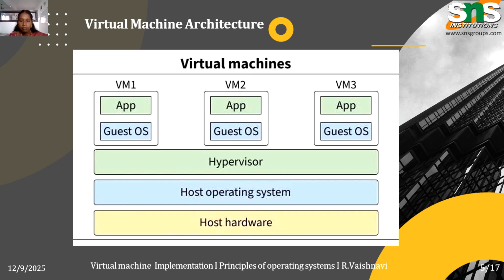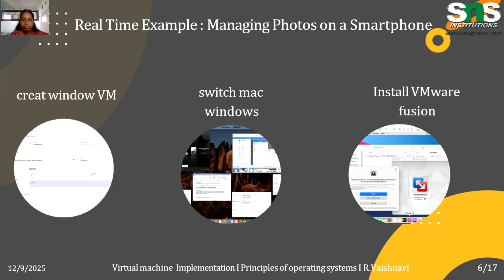Like that, virtual machine 3 also has an application and guest OS. Below that we have the hypervisor, which we already saw is the VMM. Below the hypervisor we have the host operating system, and then the host hardware. This is the architecture for virtual machines.